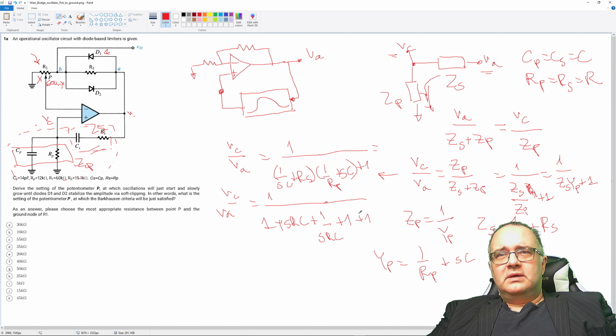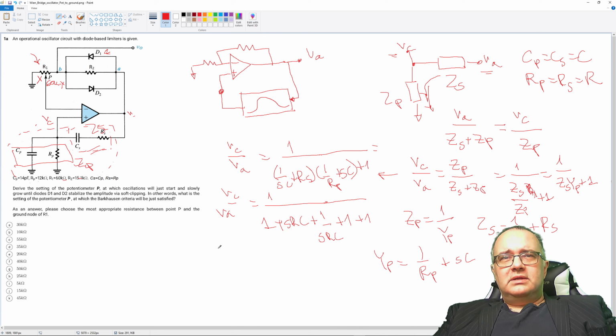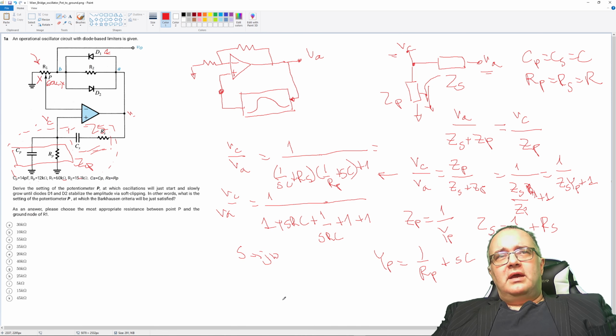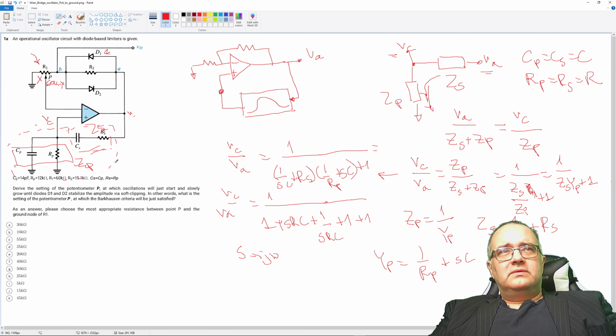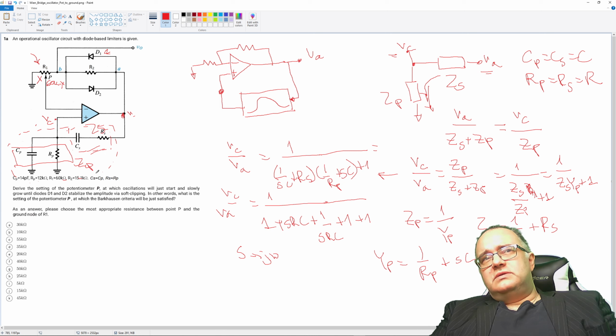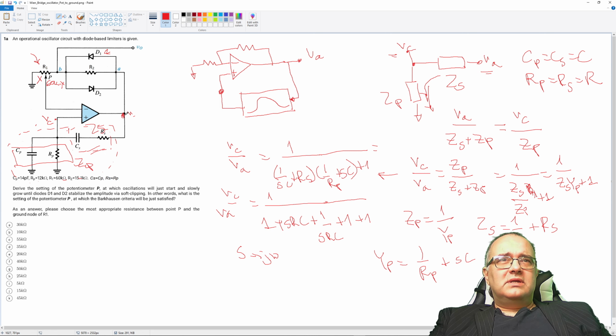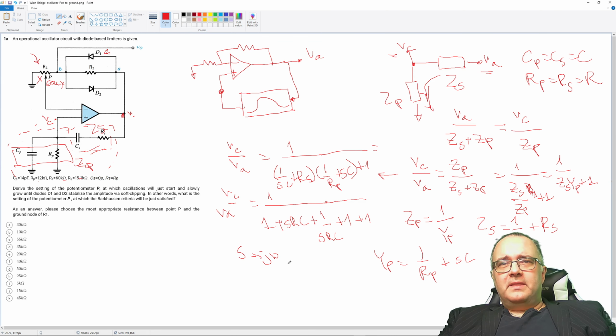Yes. And we know that for sine wave signals S is j omega, and to have an oscillator we need that the phase from here to here is 0 or an integer of 360, or in other words that the transfer is real. If it is not real, this means that the input and output will come in different phases and there will be no stable oscillation.